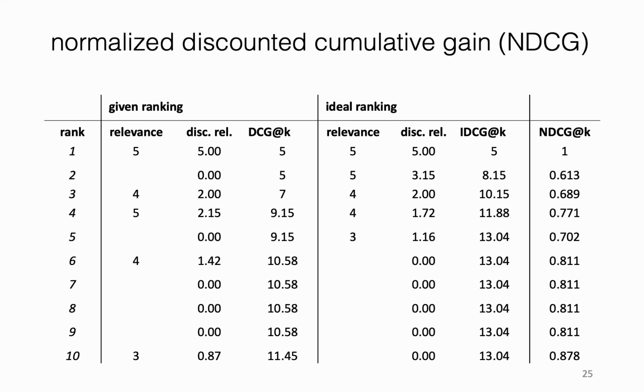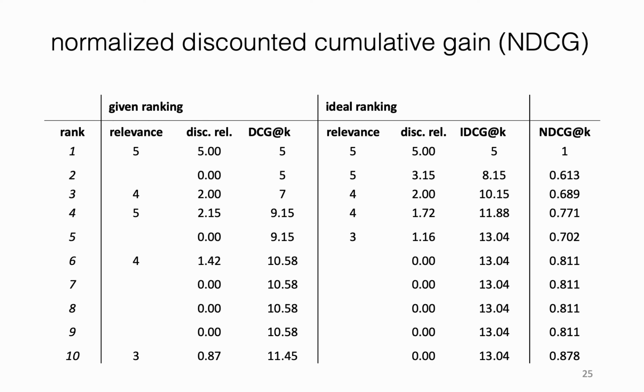The next 3 columns in the table correspond to the ideal rating. As shown in the next column, the 5 relevant items are placed at the first 5 positions and are sorted by the relevance score. Therefore, the 2 items with rating 5 are in the first 2 positions, followed by the 2 items with ratings 4, and finally, an item with rating 3 occupies the 5th position.